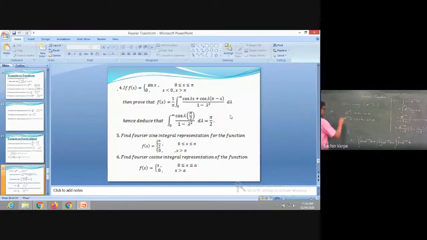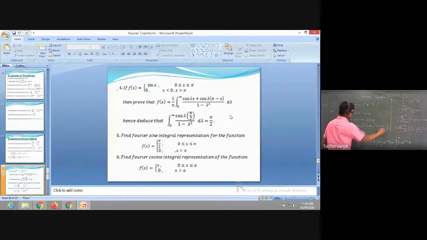Therefore, I can substitute this. You can check the proof part. We have been given the cos lambda pi and sin lambda pi terms. We are trying to get that. F of lambda equals 1 upon 1 minus lambda square into 1 plus cos of lambda pi minus i sin lambda pi.